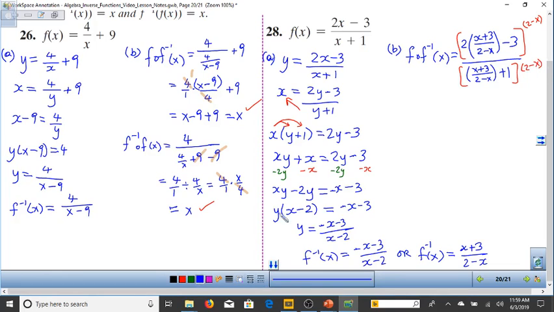Once I do that, I distribute it to the numerator, and then I end up with 2 times x plus 3, then minus 3 times 2 minus x. And then the denominator is x plus 3 plus 2 times, plus 1 times 2 minus x.